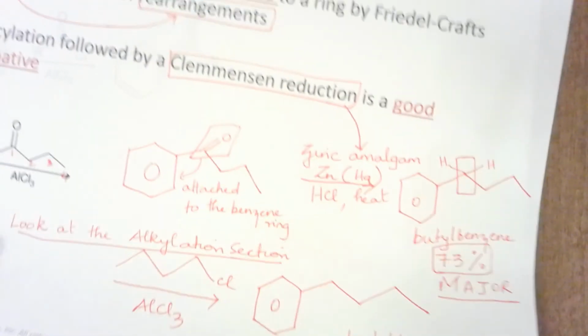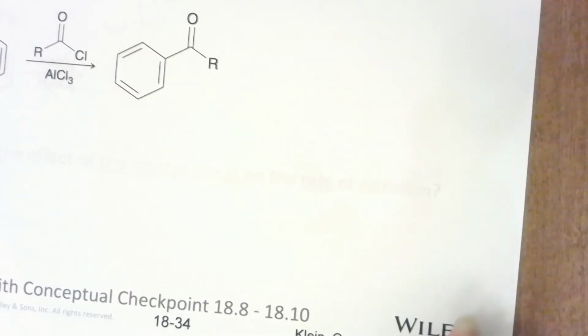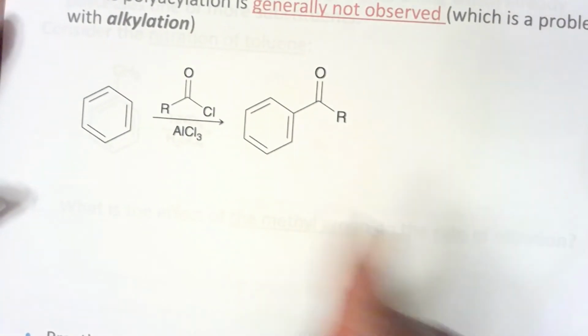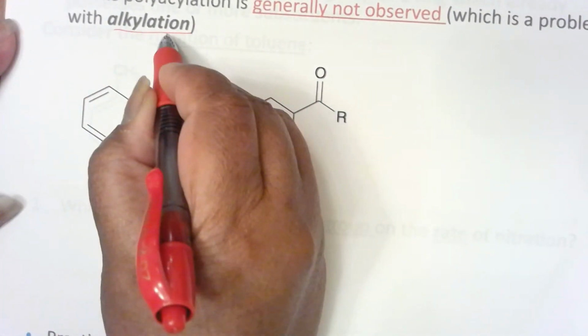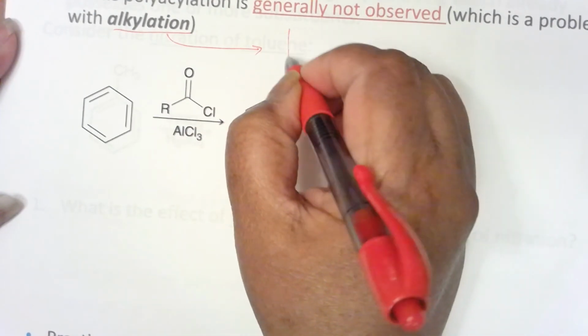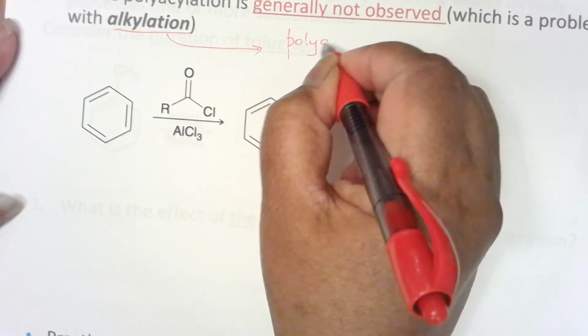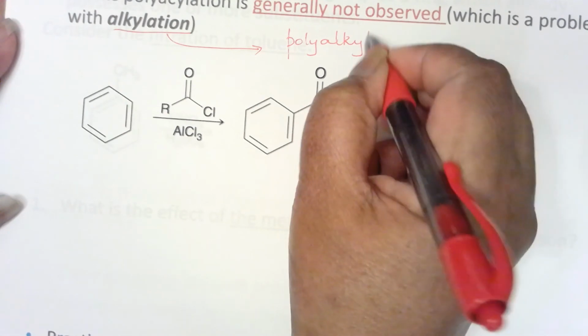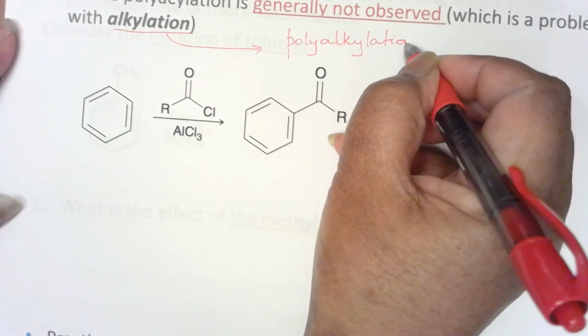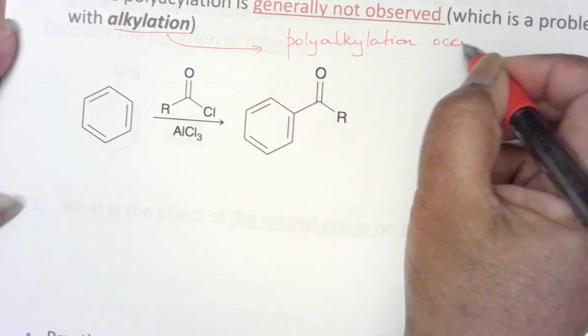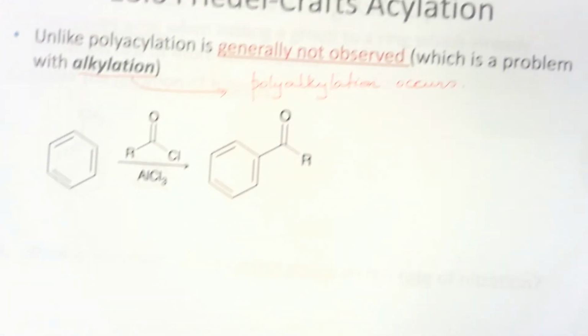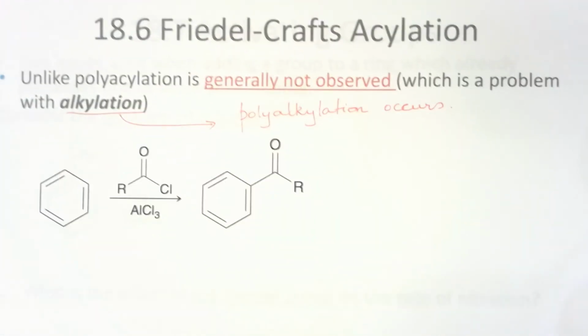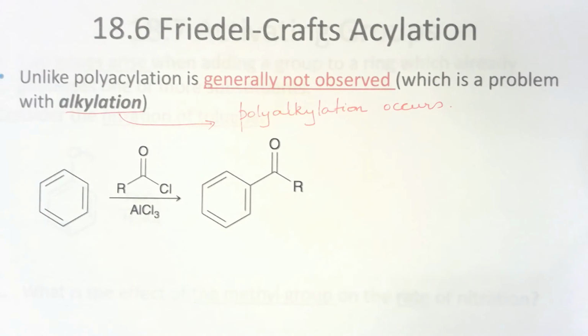What else is there to see about acylation? Remember, in the case of alkylation, polyalkylation was a problem. Okay. Next slide.